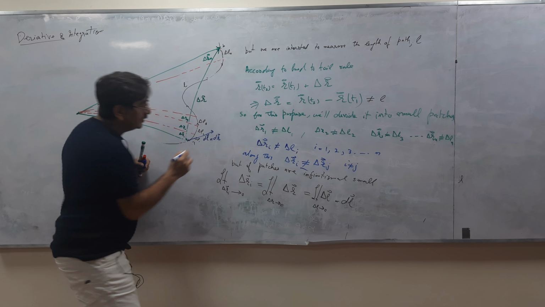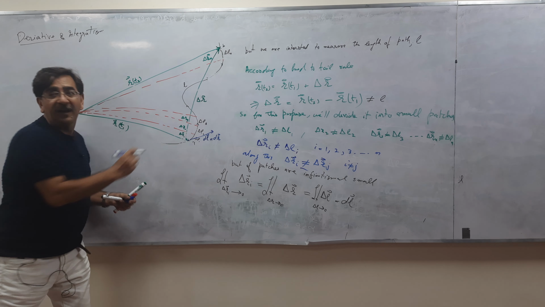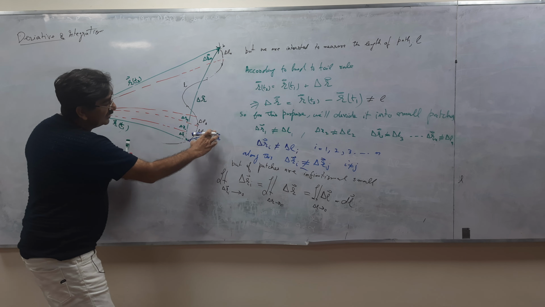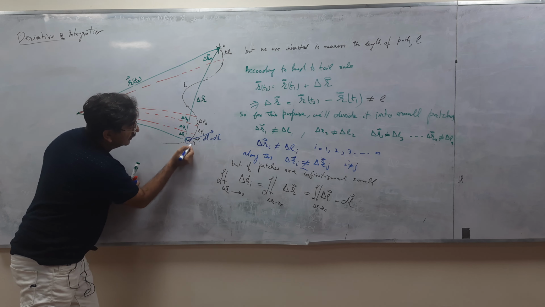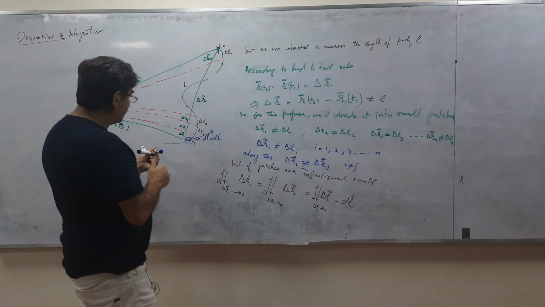So in this case delta r will become, tangent means along these 2 points. Actually this is not this length, actually this is infinitesimally small.